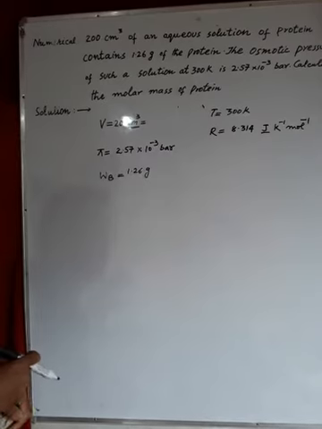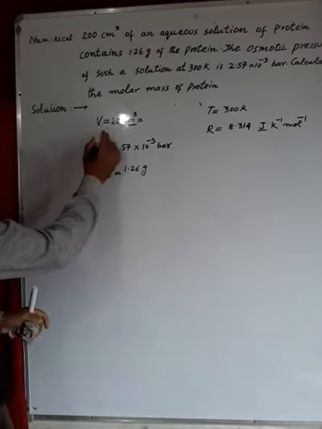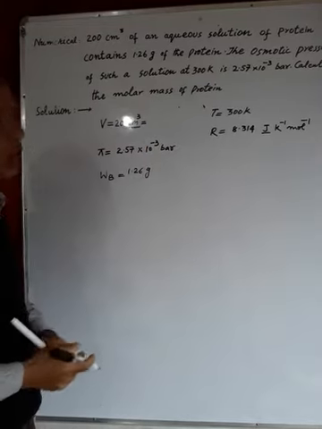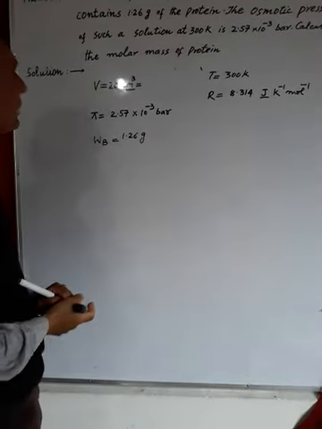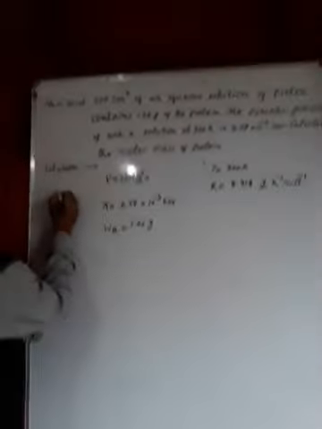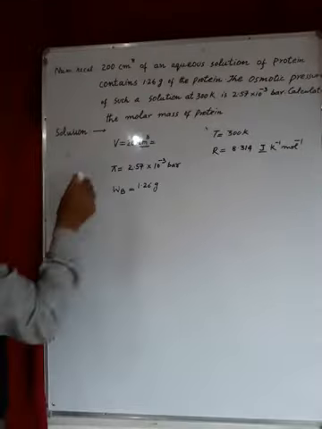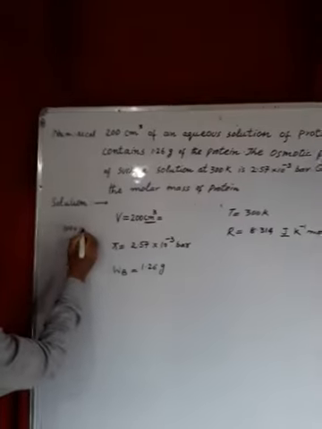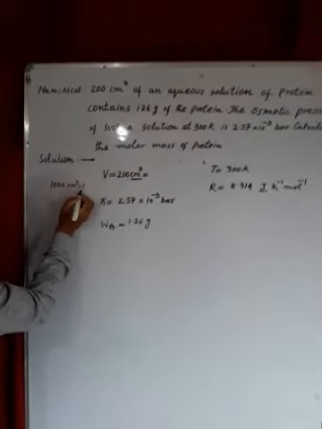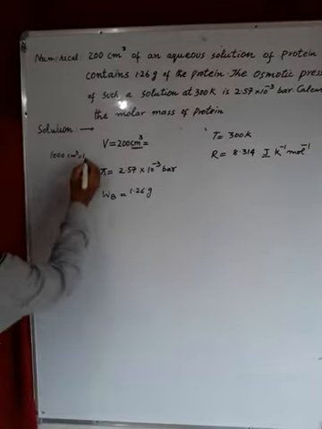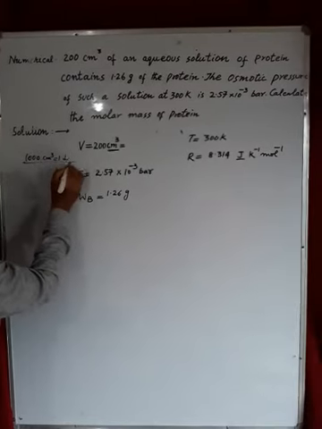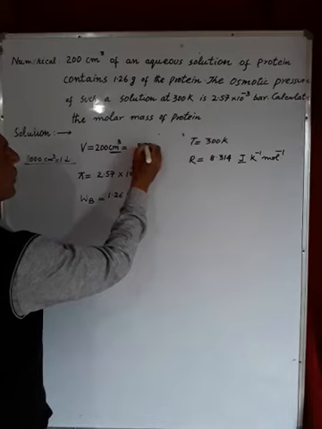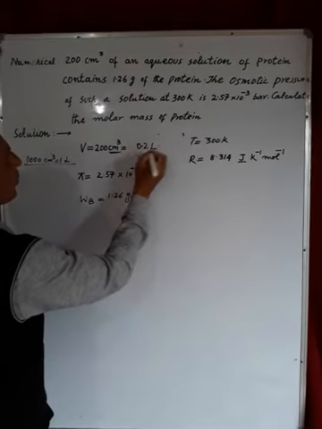Now the volume of the solution is 200 centimeter cube, we will convert it into liters. 1000 centimeter cube is equal to 1 liter, so we divide by 1000 to convert it into liter. So it will become 0.2 liter.